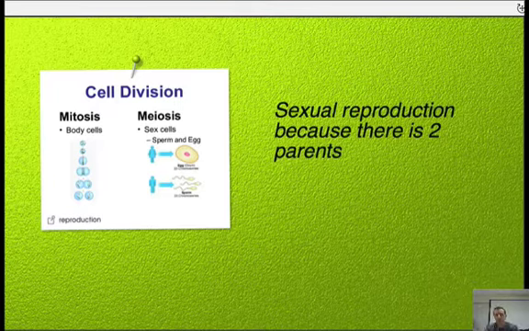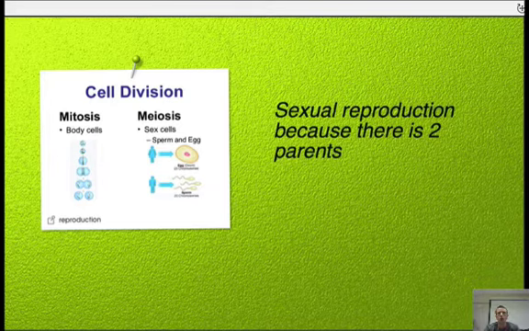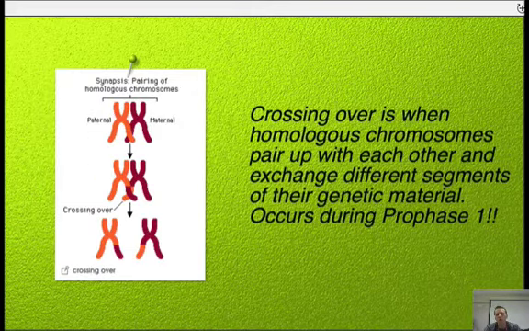Now, we're going a little bit more into these phases just to determine what occurs in each phase. We're going to be looking at something that occurs during prophase 1, and that's called crossing over. What crossing over is, is when homologous chromosomes pair up with each other and exchange different segments of their genetic material. It occurs during prophase 1. Make sure you make note of that: crossing over occurs during prophase 1.